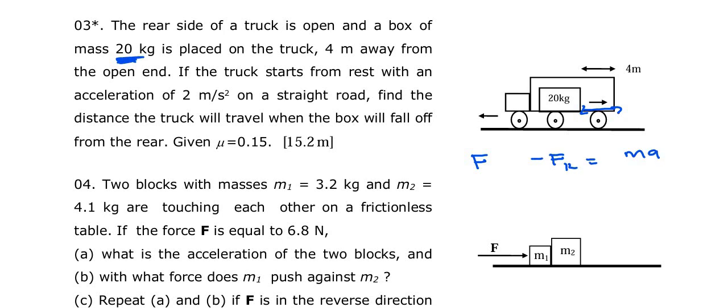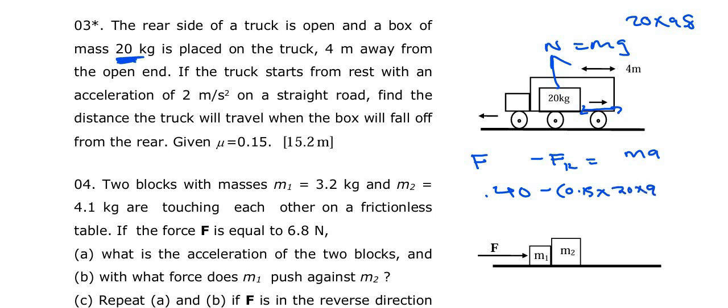The force we are having is simply 40. For the force of friction, we have mu to be 0.15, then we multiply it by the normal force. Normal force will be the same as weight, which is mg, 20 times 9.8. Then the mass is 20.